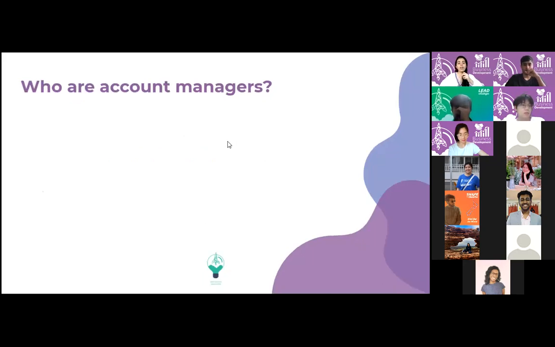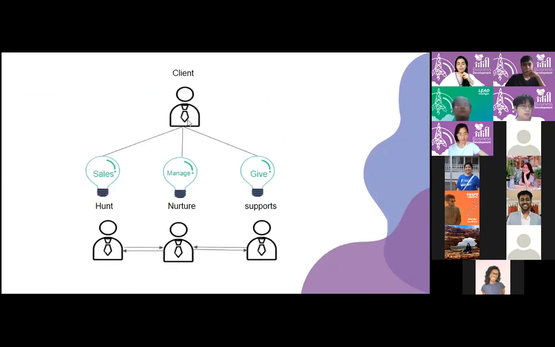Basically, who are account managers now? So we have a client at the top, and then there are going to be three parts. Let's say a salesperson looks for a client, and that can be the first part of the sales process.